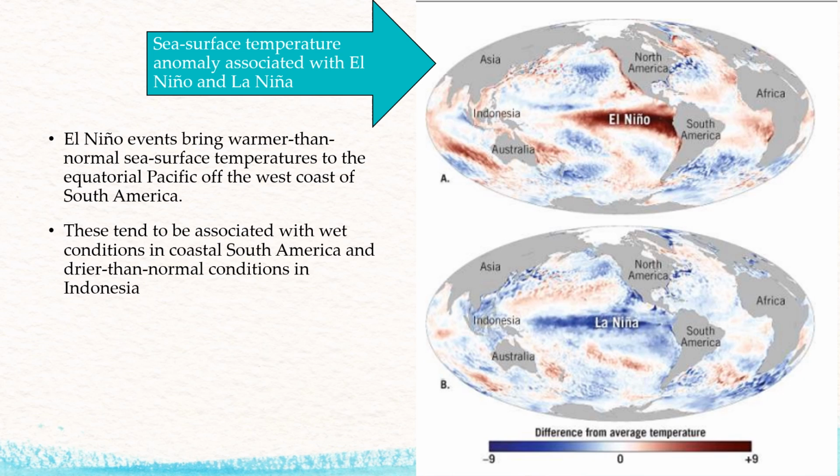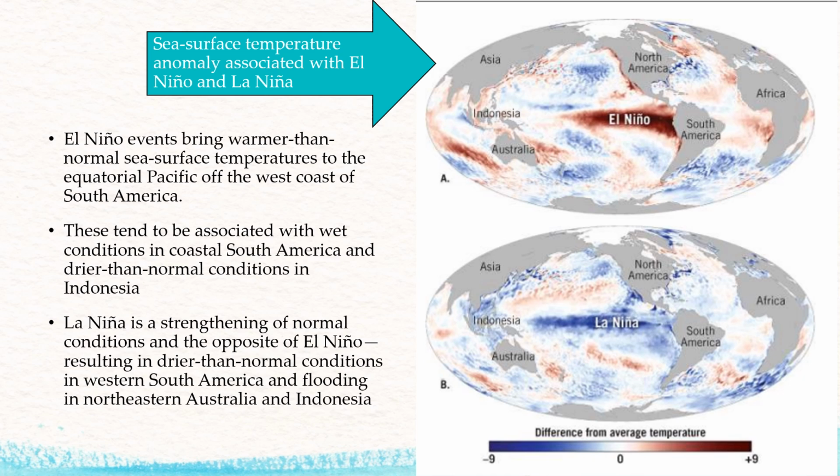In this picture, you can see that this is South America. If El Nino brings wet conditions in South America, in Indonesia, on the opposite side, there are drier than normal conditions.